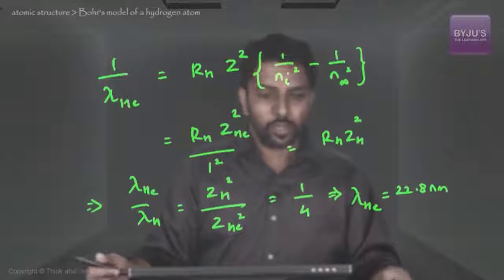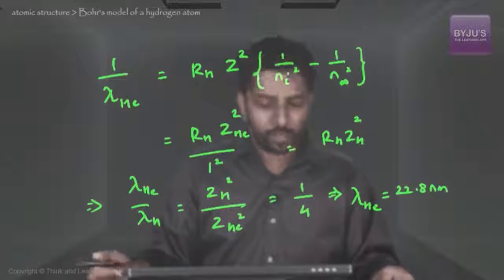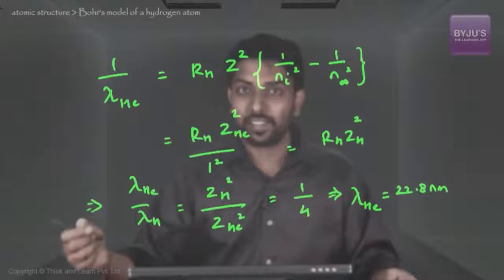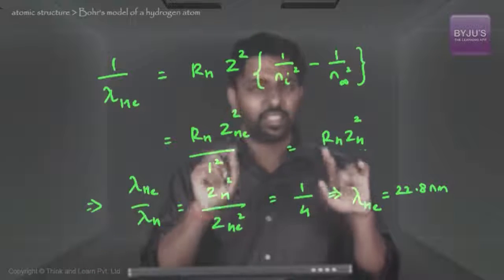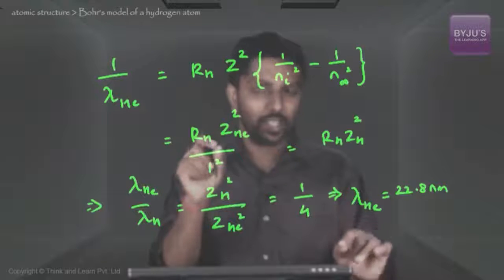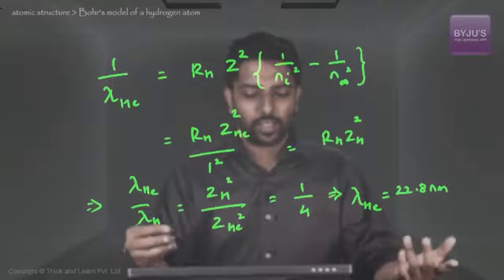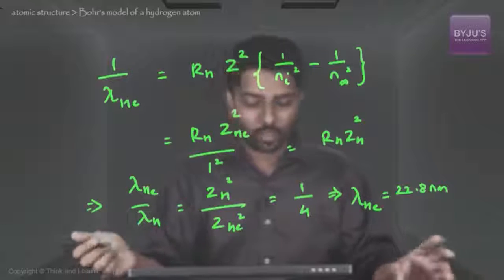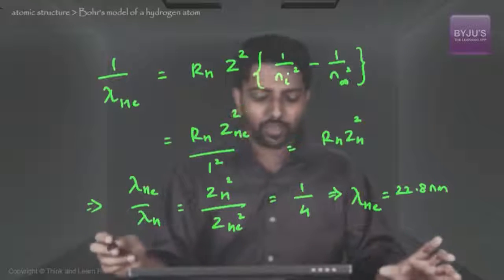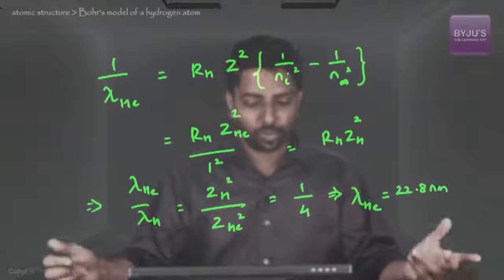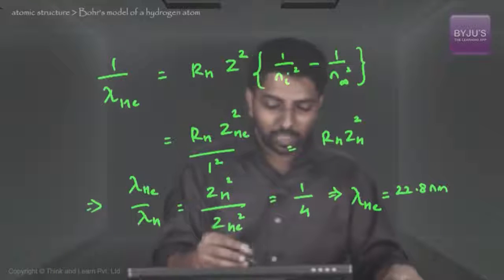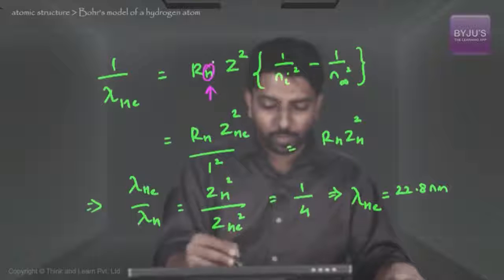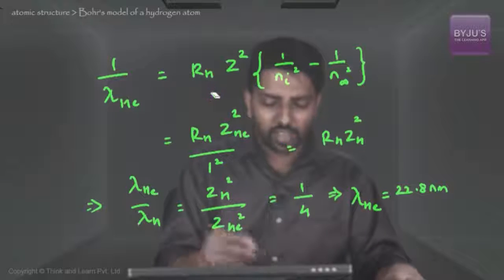So we do the same thing with helium as well. 1 by lambda He equals RH. Here I didn't use RHe because that constant is Rydberg's constant. That H doesn't reflect a separate constant for hydrogen; RH is just a constant.